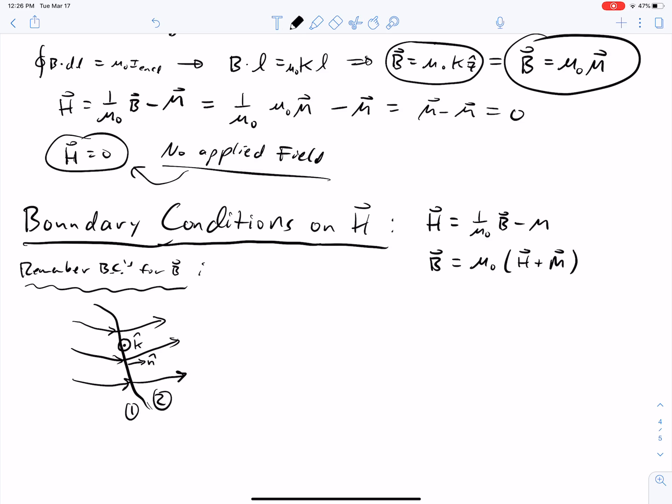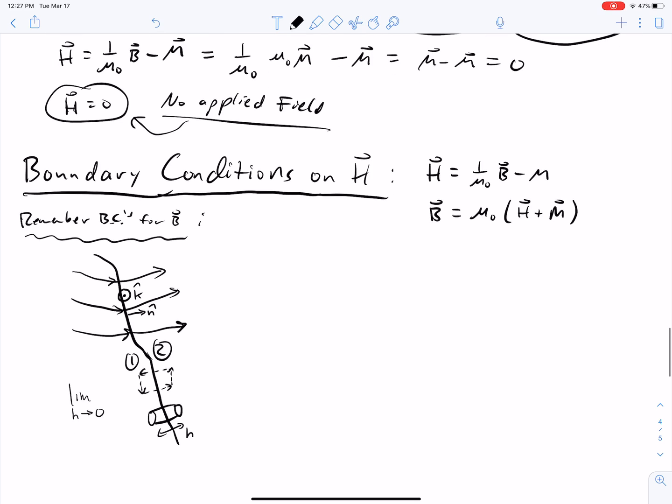So for this type of geometry, remember we did it by using an Amperian loop, and we also did the pillbox construction. We said that these both are of some height h, but we took the limit as h goes to 0.